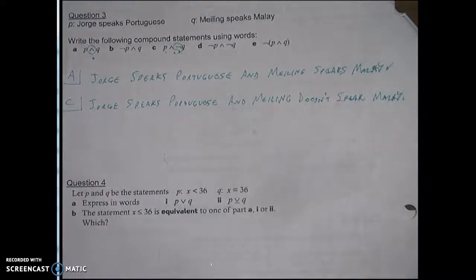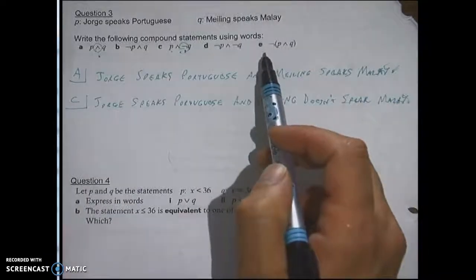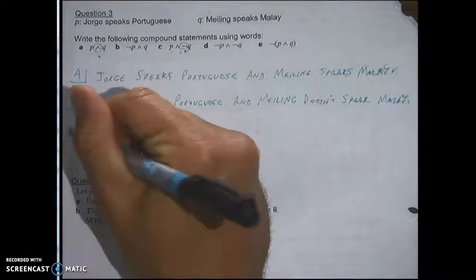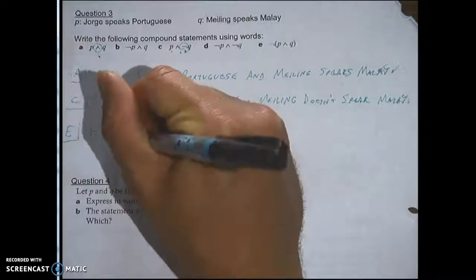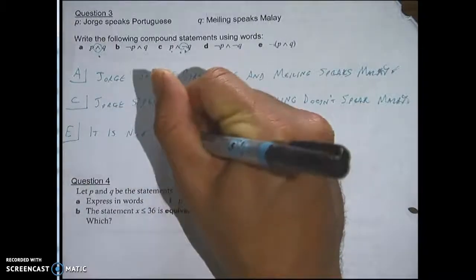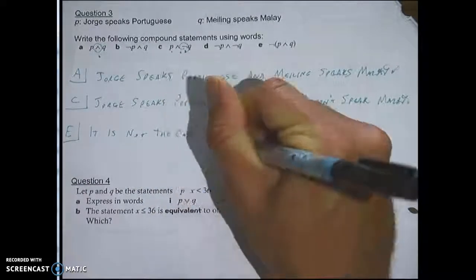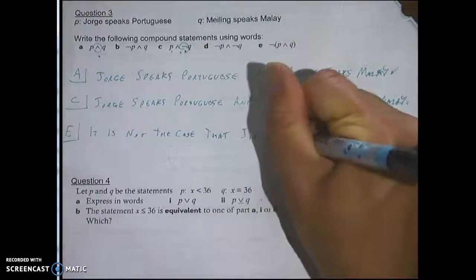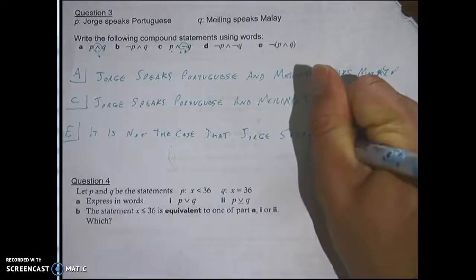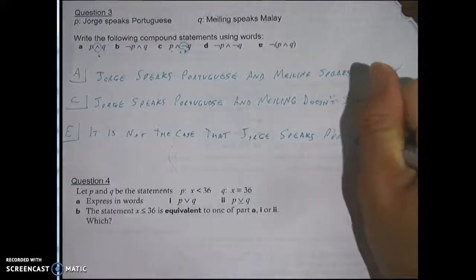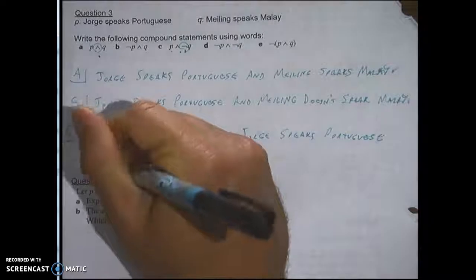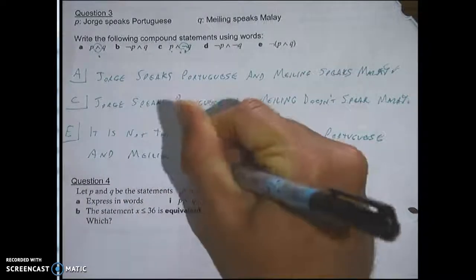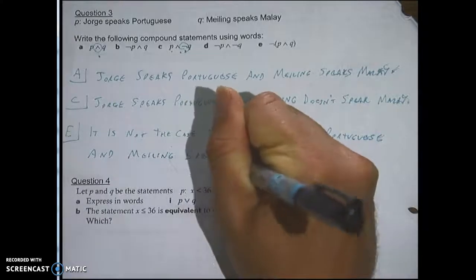Now, if you have something like this, where you've got a NOT on the outside of some parentheses, the way you want to start that is, it is not the case that Jorge speaks Portuguese and Mei-Ling speaks Malay.